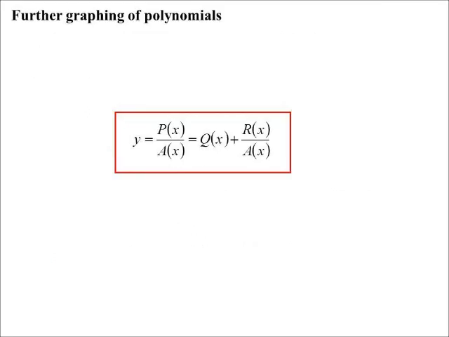Now, polynomial division is useful when we're looking at graphing as well. Because if we look at our division, polynomial P(x) divided by A(x), when we rewrite it as a fraction, it would be the quotient, because that's the division that works, but then we've got a remainder. So it's plus remainder R(x) on divisor A(x).